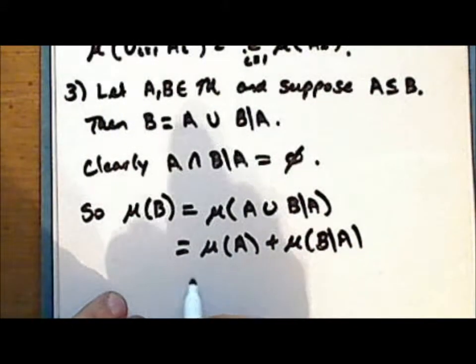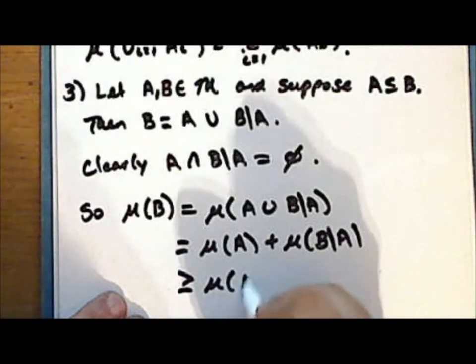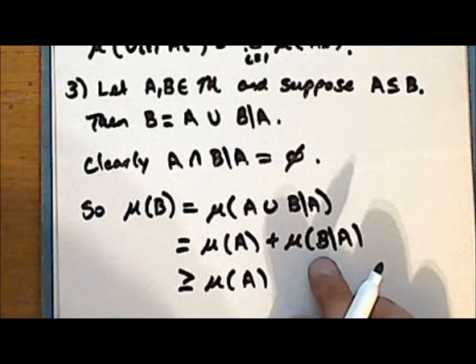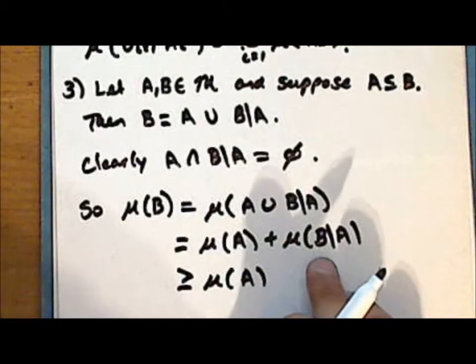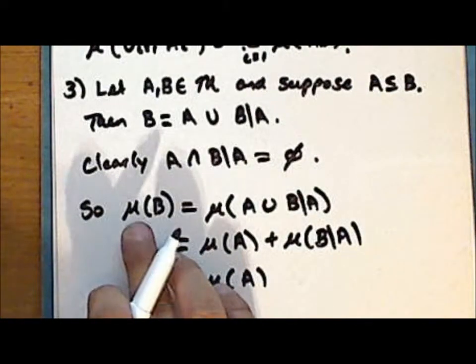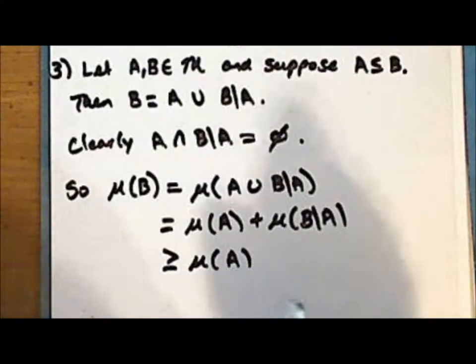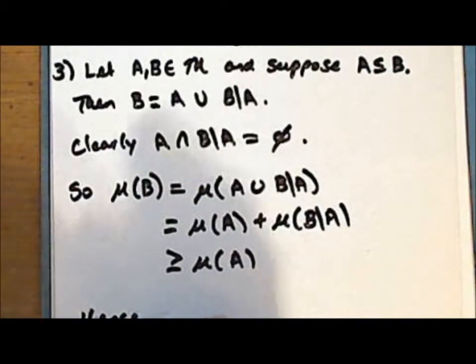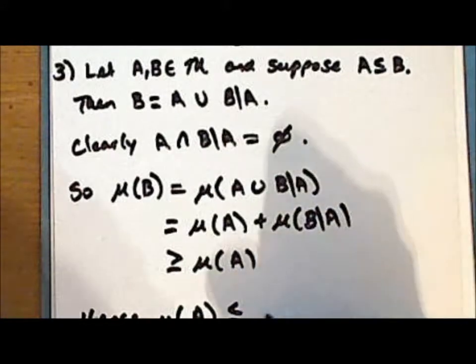And this is greater than or equal to the measure of A, because we are adding the measure of the complement of A in B. So this can be 0, in which case it's equal to the measure of A, or it can be a number greater than 0, in which case the measure of B is strictly greater than the measure of A. But it is true in either case that the measure of A is less than or equal to the measure of B.